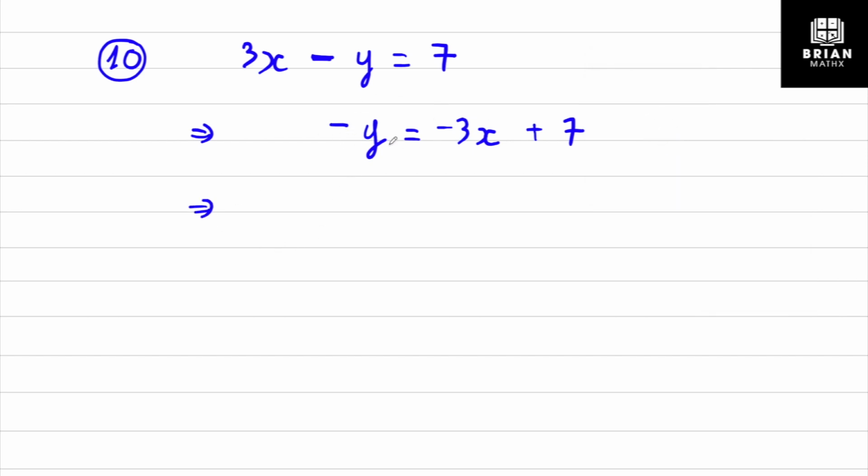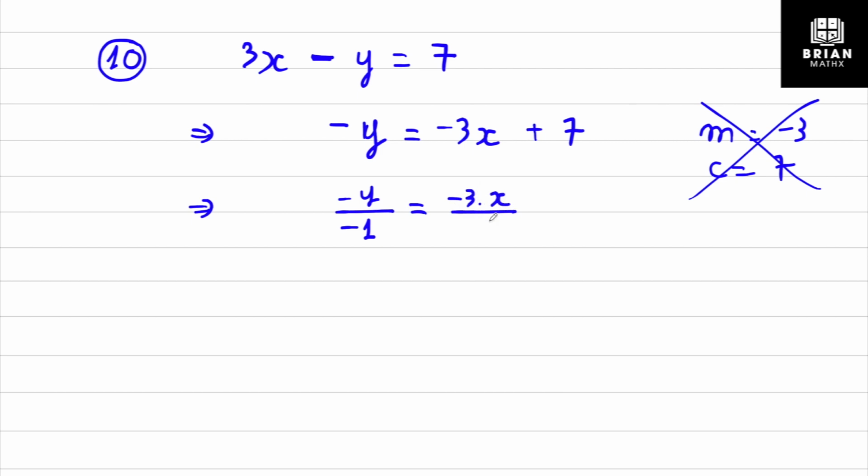So with the negative, how can you find m and c? You cannot write m equals -3 here and c equals 7. No, because y does not stand alone. We have to change -y to y. So very easy, I will divide this one by -1, this one by -1, and this one by -1.